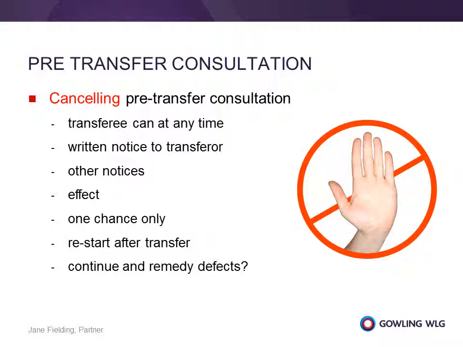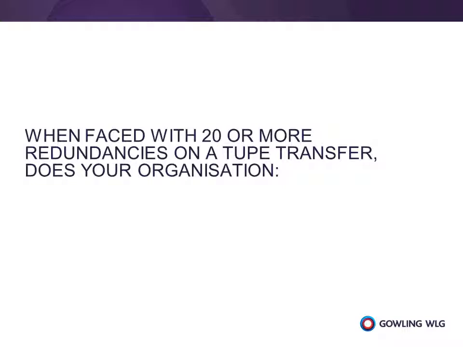Okay, thanks, Jane. We're now going on to our poll question, which is an opportunity for you to get involved about what you do in practice, and that should be flashing up on your screen now. So it's over to the audience to ask you, what do you do in practice? When faced with 20 or more redundancies on a TUPE transfer, does your organisation collectively consult and dismiss the employees beforehand, before the transfer?